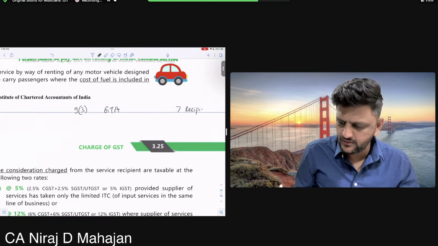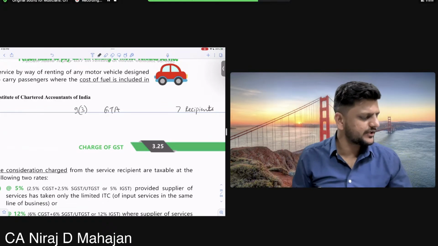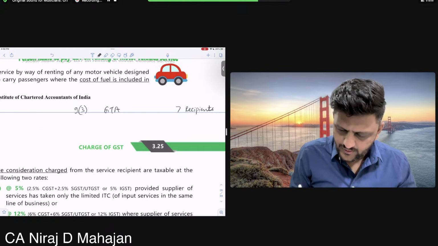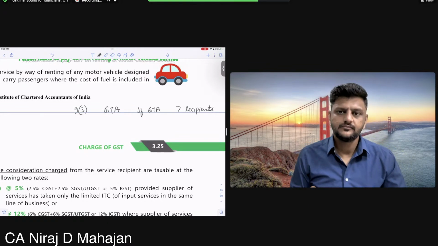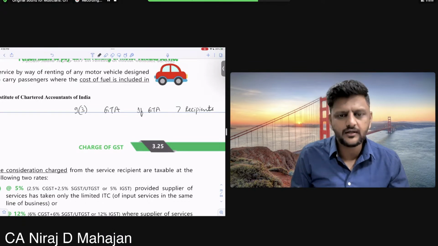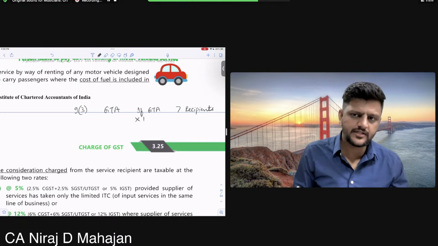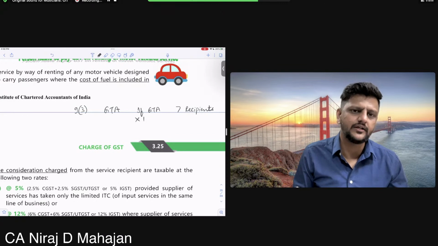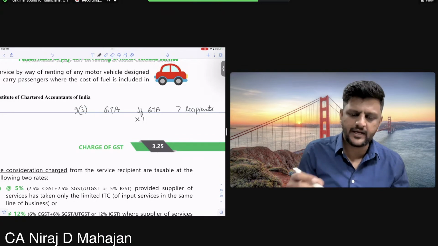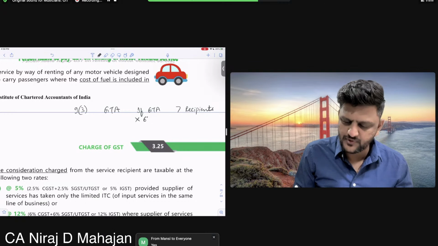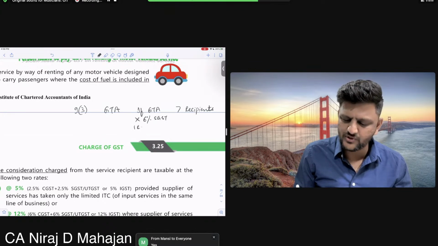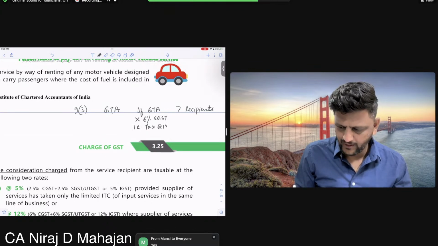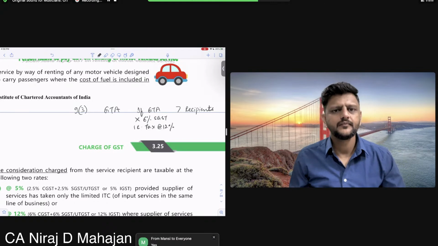What was it written over there? If GTA pays or does not pay? Does not, no? Yes or no? At the rate of 6%? Tell me quickly. If GTA does not pay at the rate of 6%, CGST or SGST, something is written over there. SGST. That is tax. That is what? 12%. Yes or no? Understand.